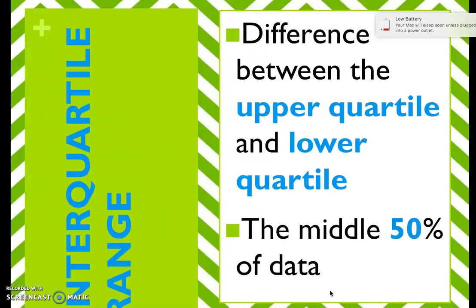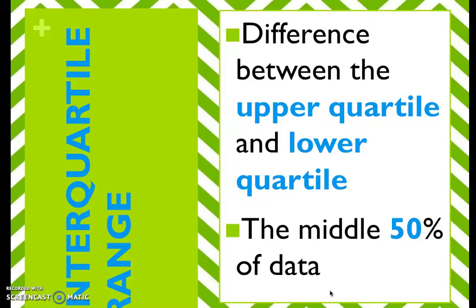All right, so the next one is interquartile range, another mouthful. And the interquartile range, right now, all I want you to know is that it's the difference between the upper quartile and the lower quartile. The interquartile range represents the middle 50% of a set of data.